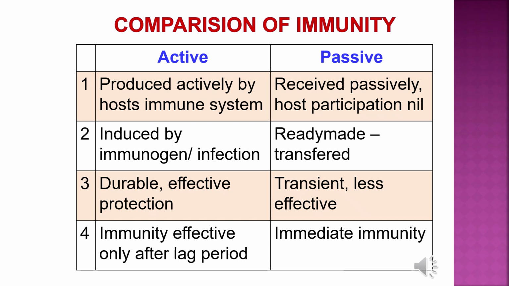In passive immunity, it is received passively, so host participation is not required. It is transferred in a ready-made form. It is transient and less effective, and gives immediate immunity; the lag period is not there because it is in ready-made form.